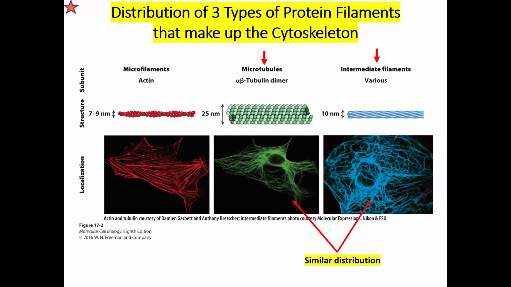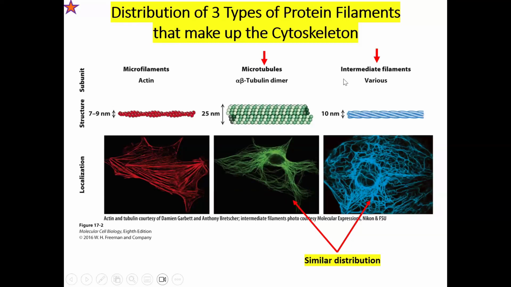That's what we mean by a similar distribution. It radiates outward, this also radiates outward, but there is no such structural shape for actin. They just run in all different directions in a cell. So that's why we say that they have the similar distribution.